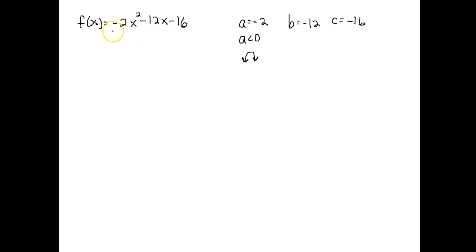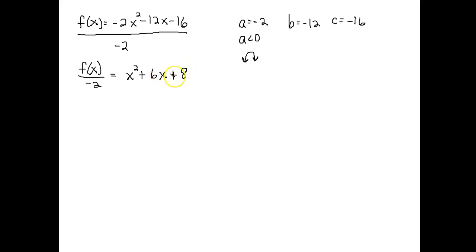All right, we want to get this from standard form into the form that gives us the vertex. In this case, since a isn't 1, our first step is to divide both sides of this function by a, by -2. So we have f of x over -2 equals x squared plus 6x plus 8. That makes things a lot easier when you go to complete the square.